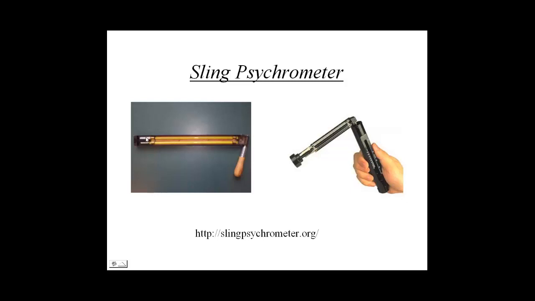Just think of this: if the weather is very dry and you put a wet cloth sock on this bulb, then a lot of moisture will evaporate from that sock and it will cool this bulb off. But if the weather is very humid, there will be very little evaporation.